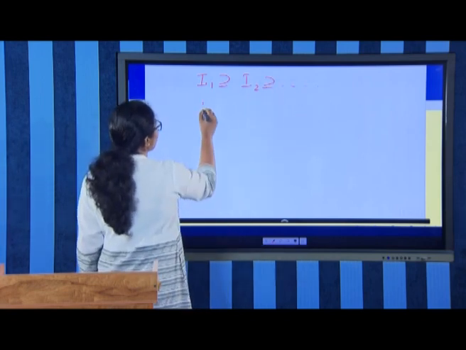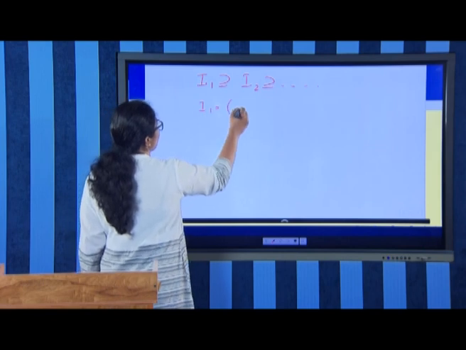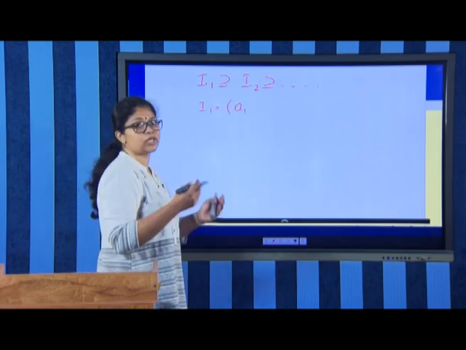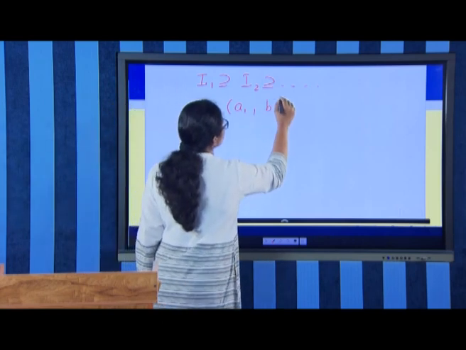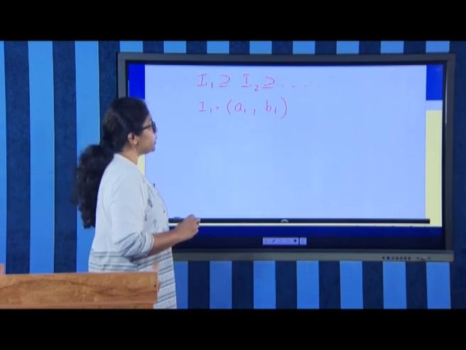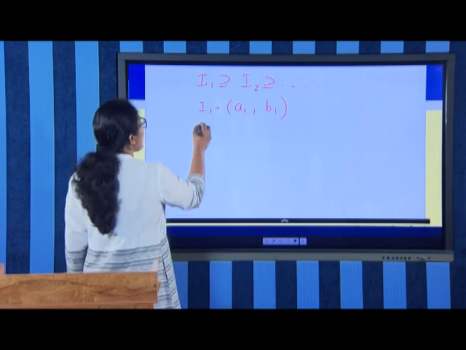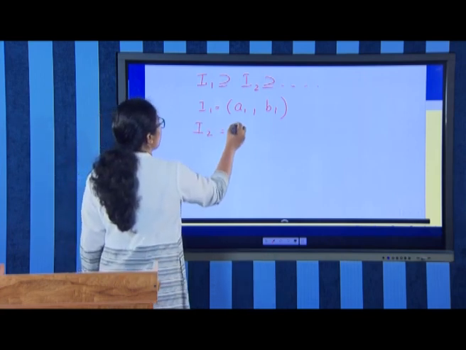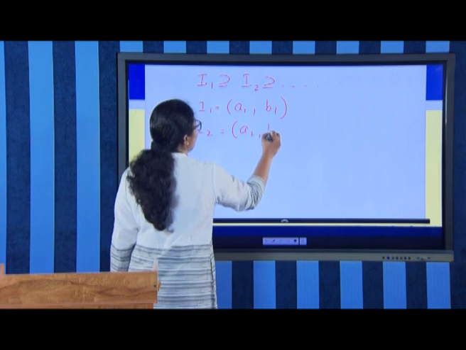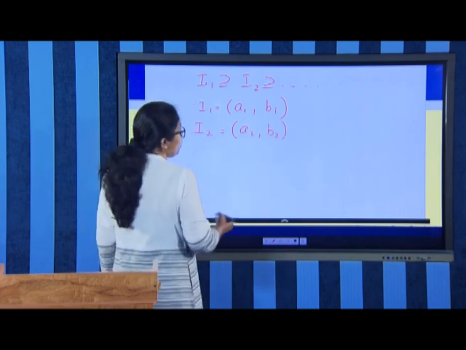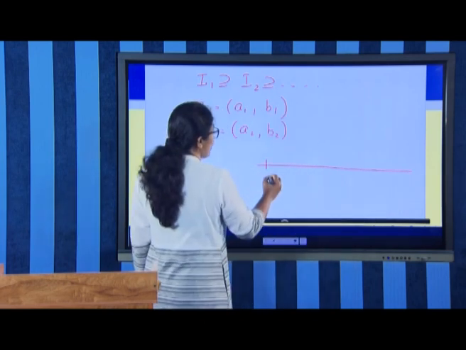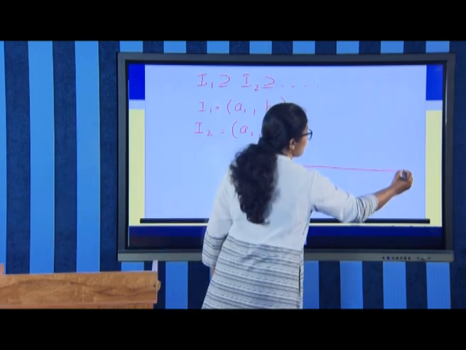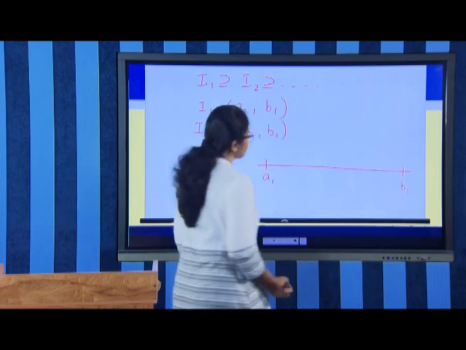Let I_1 be an interval; without loss of generality, we are considering open intervals in this case. Suppose I_1 is the open interval (a_1, b_1) and I_2 is the open interval (a_2, b_2). The interval I_1 has endpoints a_1, b_1.